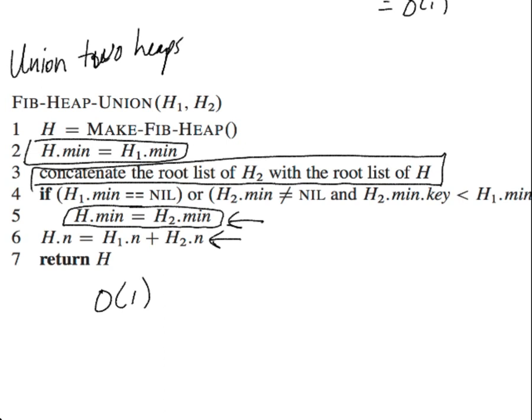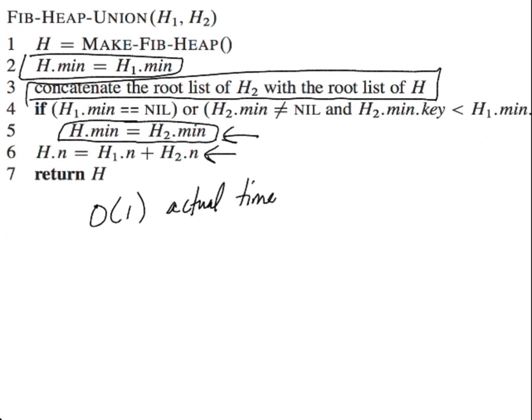And what about the constant actual time? Now what about our amortized time? Okay, so this is going to be our actual time plus our change in potential. Now, what is our change in potential? Well, let's just write it this way to start with. It's our new potential minus our original potential.